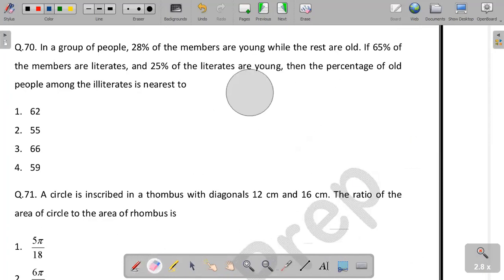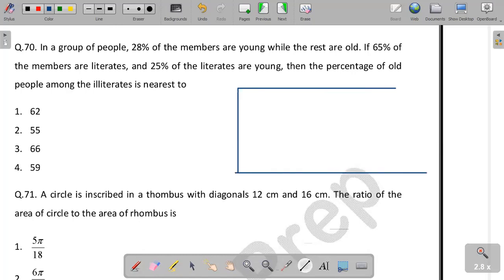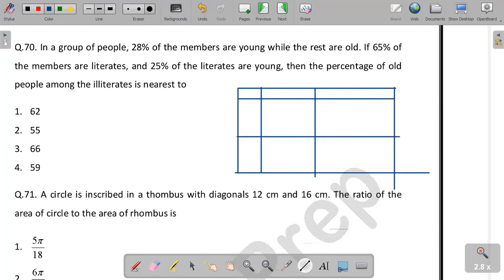This is a very not confusing set. Don't make it a confusion. This is a very nice thing, because I have seen these types of questions appearing again and again in the mocks.